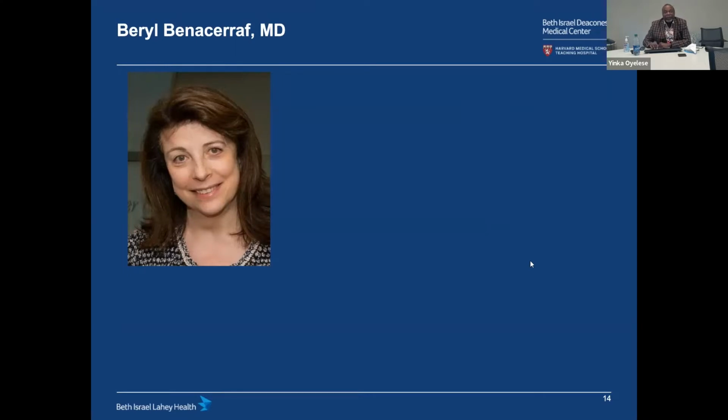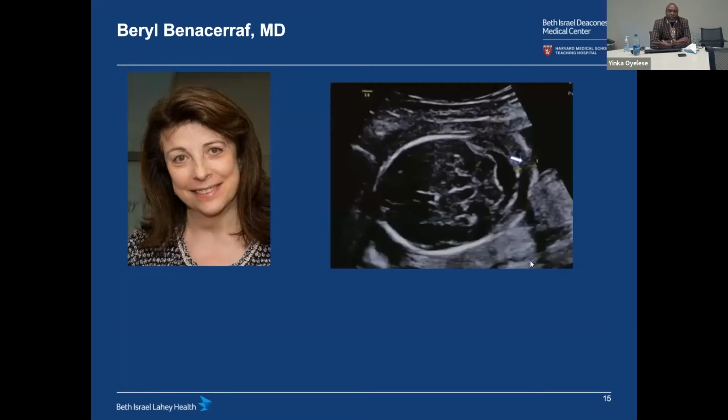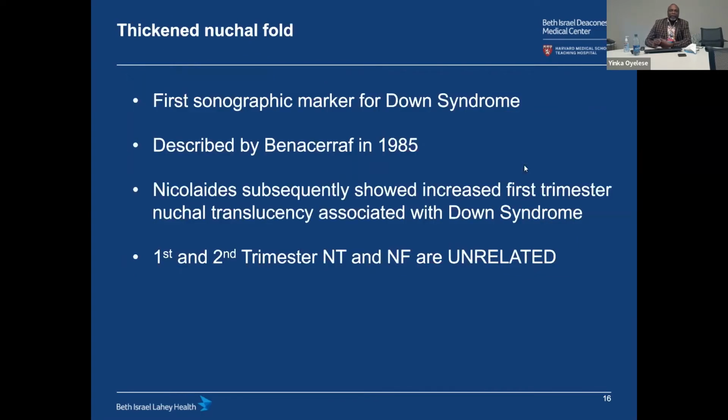And actually, she was the first person who described the first ultrasound finding of Down syndrome, which was an increased nuchal fold. On the right, you see the fetal skull, you can see the cerebellum, and at the back of the neck, where you have the white arrow, you can see the nuchal fold, which is increased in thickness. And this was an observation that she found in Down syndrome.